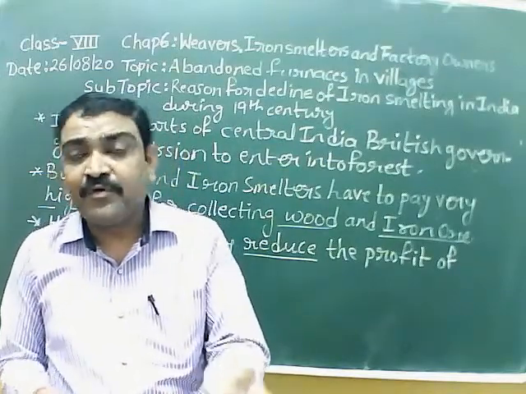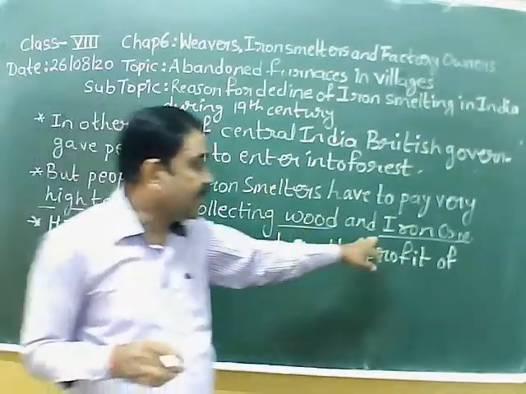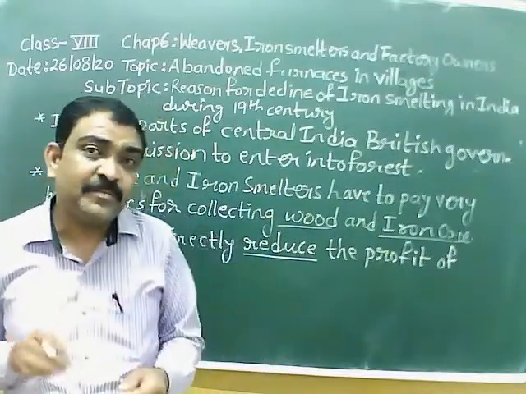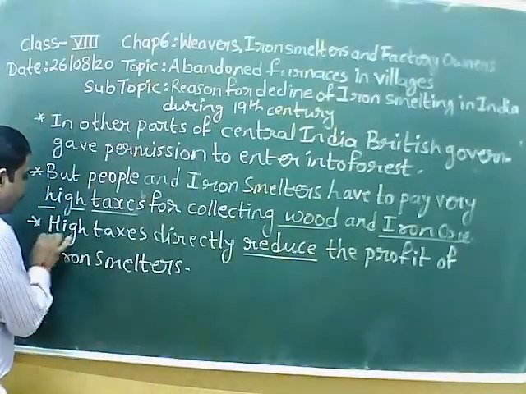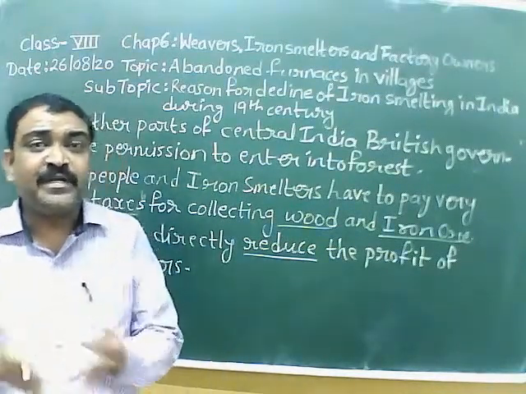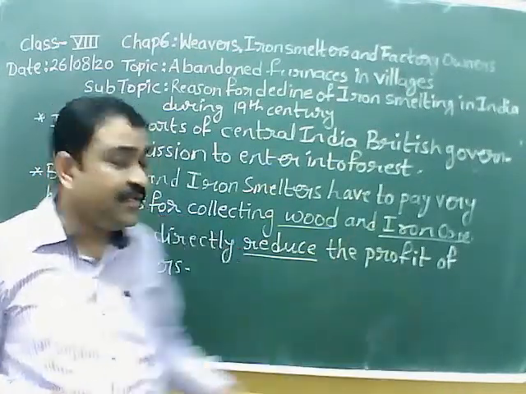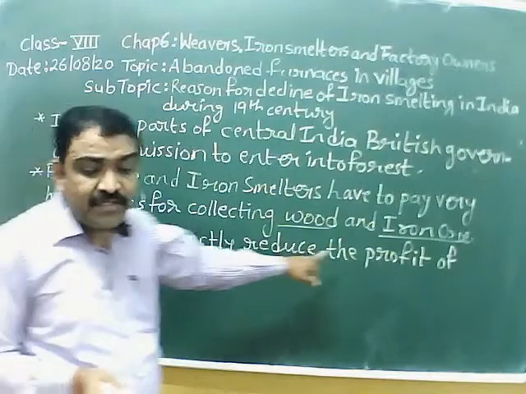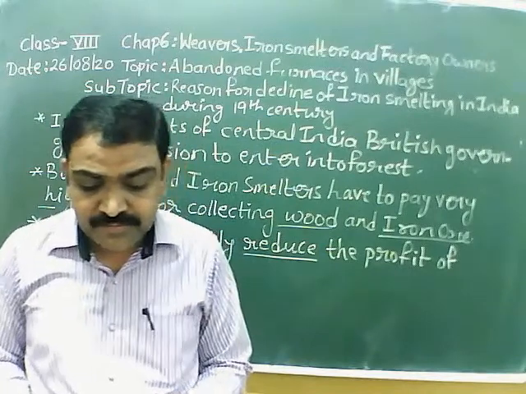Charcoal was free of cost because they were able to collect the wood from forest, iron ore was freely available, जंगल में जाने का कोई प्रतिबंध नहीं था, but what happens? The income remains same and from that income now they have to pay very high taxes. तो taxes ज्यादा पे करना पड़ा, तो इनकम जो पहले पूरी की पूरी बचती थी उसका बहुत सारा पोर्शन the people have to pay in the form of high taxes. So these high taxes directly reduce the profit of the iron smelters. Got it?